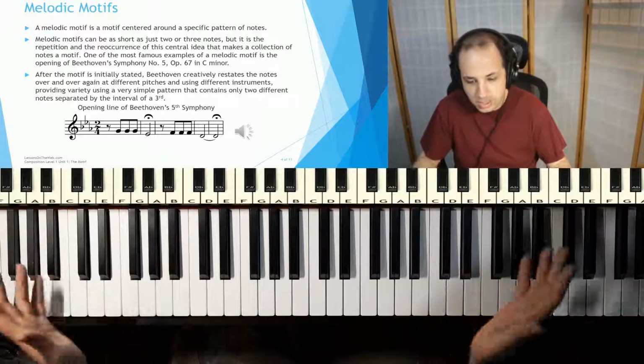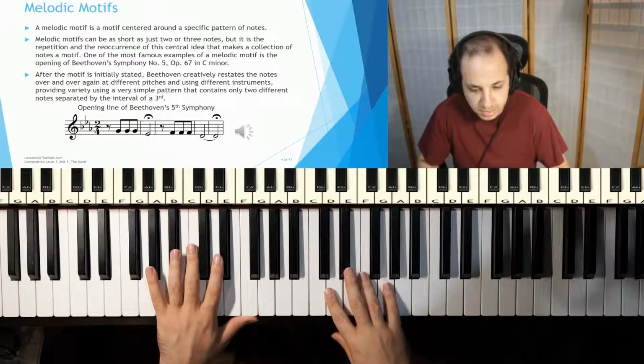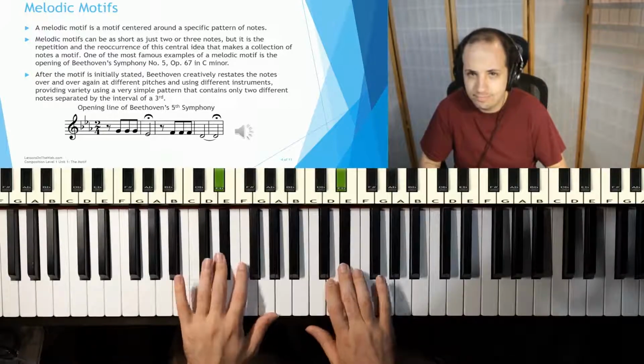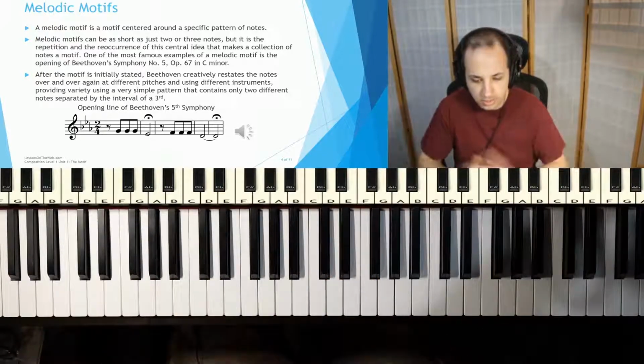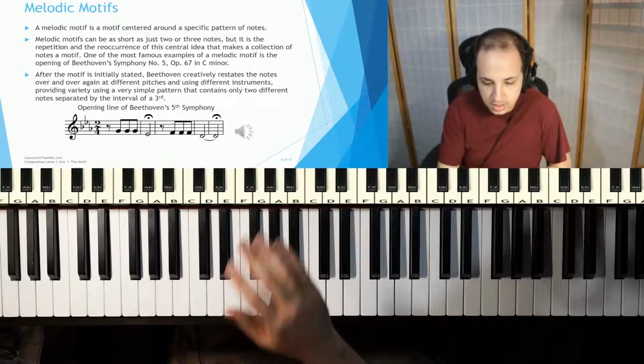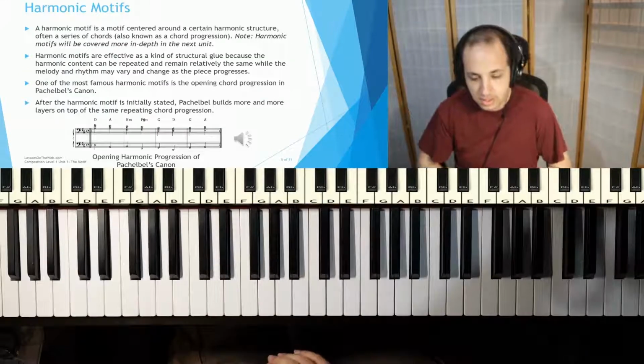That appears so many times in Beethoven's Fifth Symphony, and just by hearing even the first part of it, you know right away what it is. So the motive is initially stated. Beethoven creatively restates the notes over and over again at different pitches and using different instruments, providing variety to a simple pattern. So he's providing that variety there.